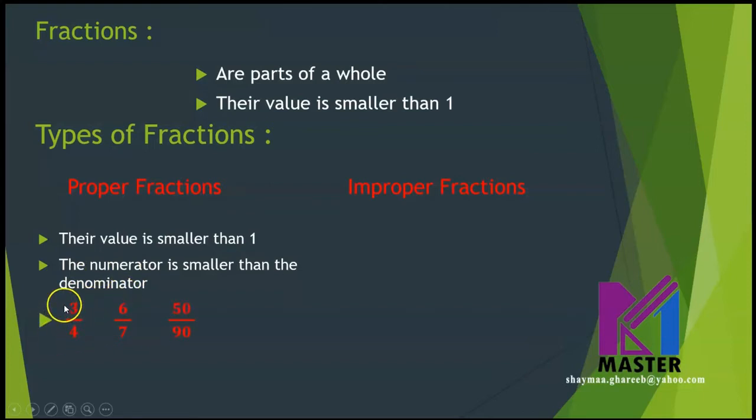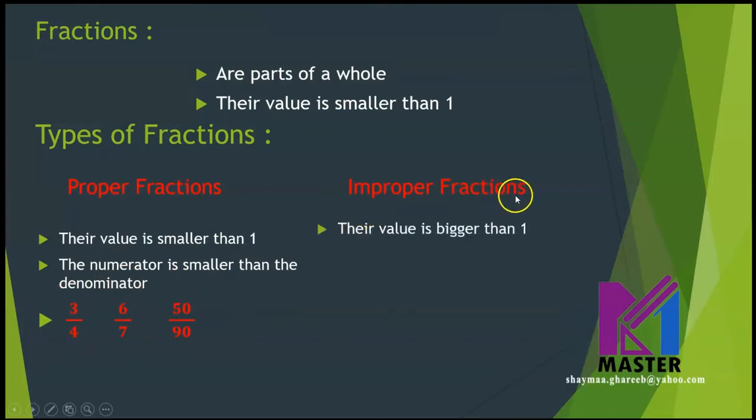For example, 3/4, 6/7, 50/90. All these fractions are proper fractions because the number up or the numerator is smaller than the denominator, which means all the values here are smaller than 1.